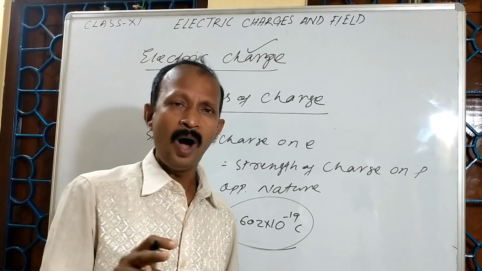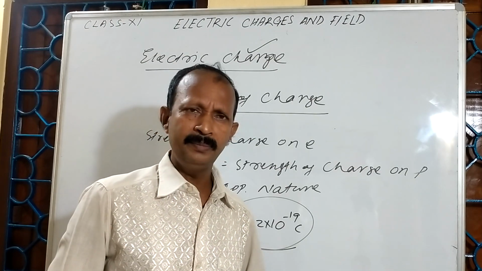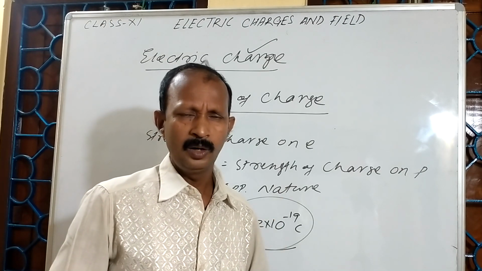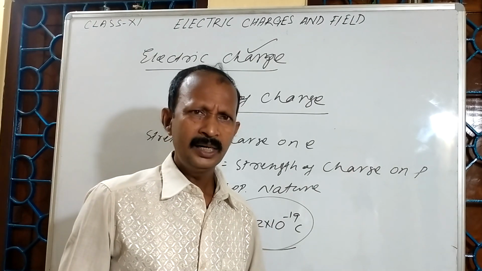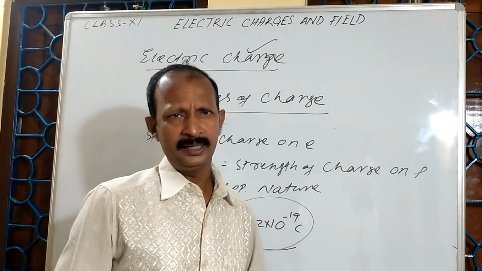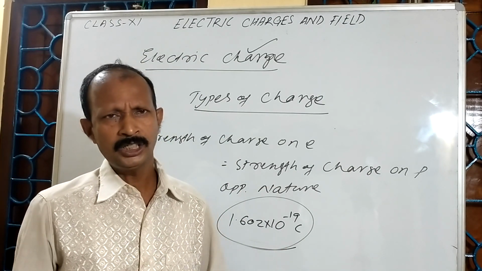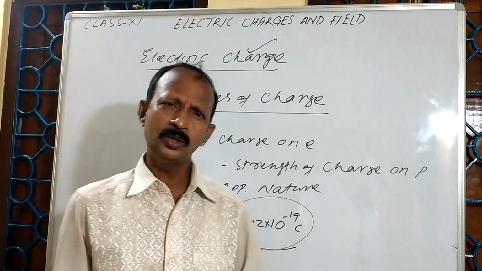But one is positive, one is negative. It doesn't mean electron has taken some loan and become loony. Not like that. We have only accepted electron as a negative charge, proton as a positive charge. Actually, there is no difference. Both have equal charge.